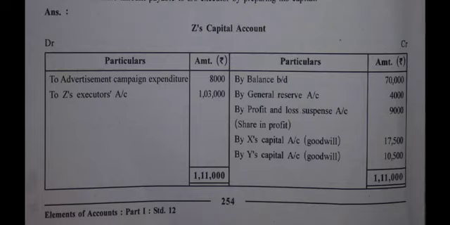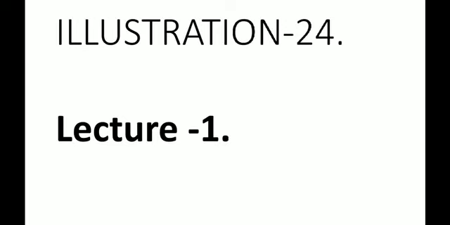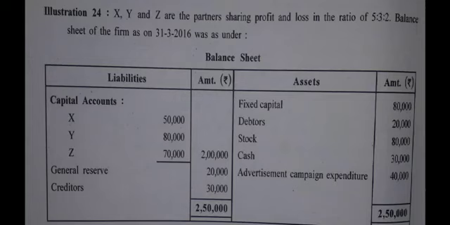I hope you were able to understand, but still I'll repeat the same thing. Please study the previous lecture, the first lecture related to the concept of death of a partner. This was the new concept that we started in the previous lecture, and this is the first lecture for illustration 24, and we have completed illustration 24 in today's lecture.